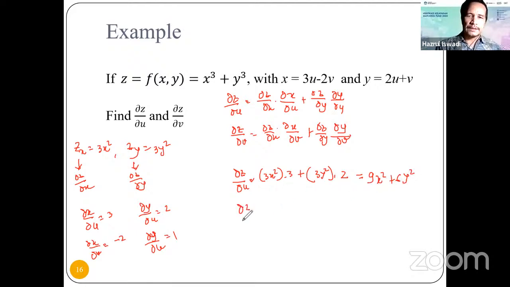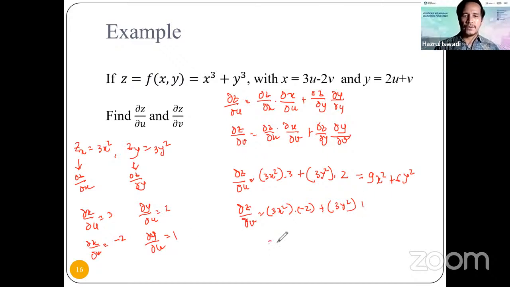And then ∂z/∂v is the same: 3x² multiplied by ∂x/∂v, and ∂x/∂v is minus 2, plus 3y² multiplied by ∂y/∂v, and ∂y/∂v is 1.